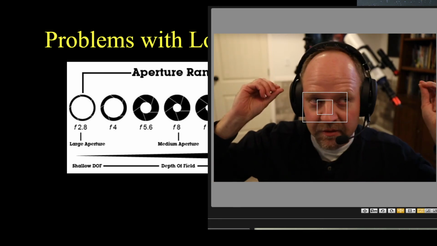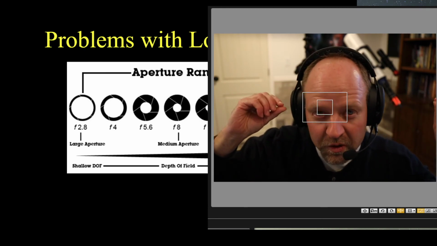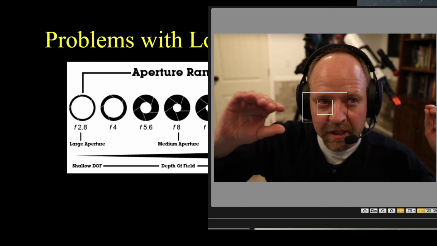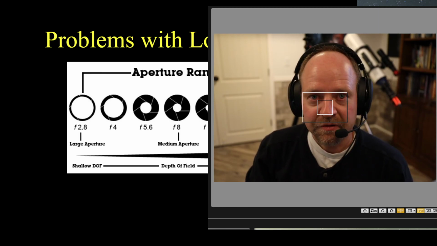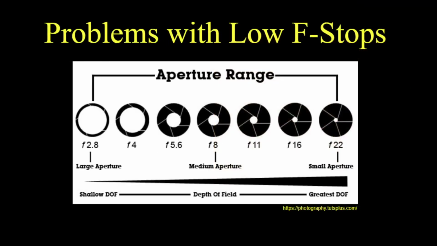If you've ever looked out in the distance, you can focus on some things, but everything else seems to be out of focus. That is called the depth of field. It's not really a problem, because you can use that as an advantage in telling your story.